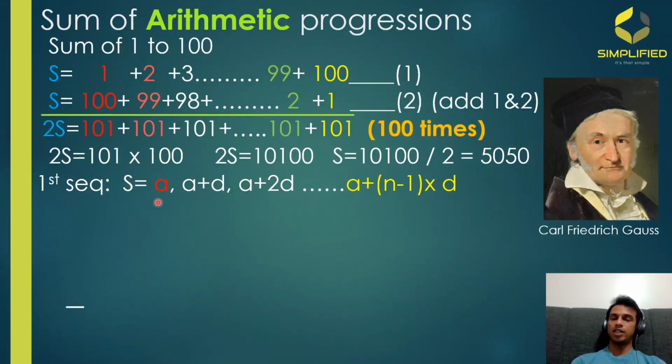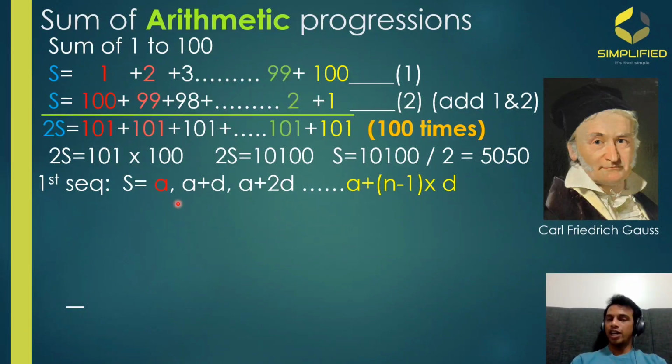So this is how you represent it. Sum is equal to first term plus second term plus third term up to the last term. This is the equation for the sum in simple terms. We are going to do this in exactly the same way Gauss did this calculation. So the first term, as you already know, is a itself.